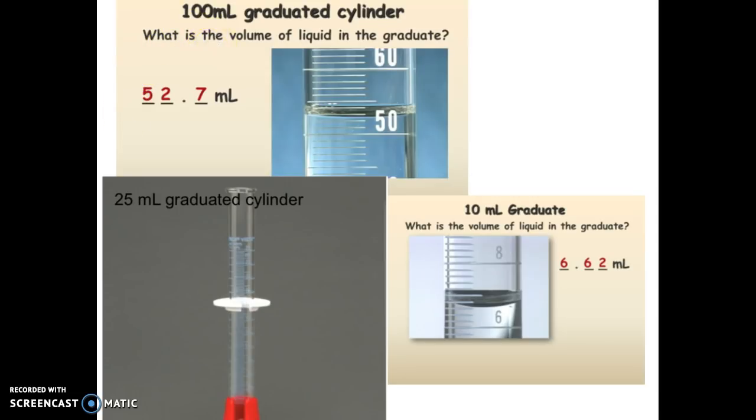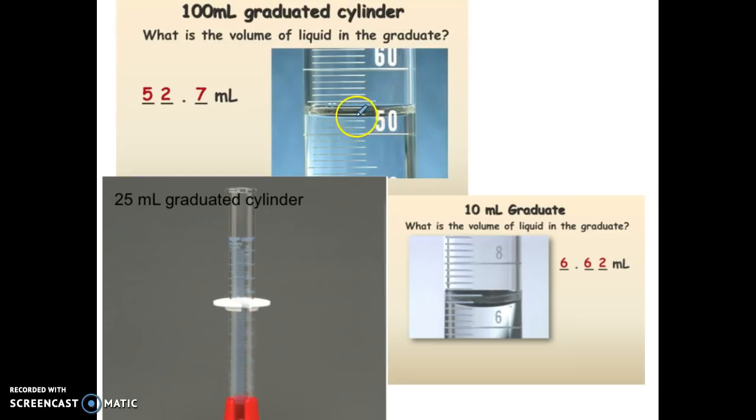The first thing we're going to look at is the 100 mL graduated cylinder. If I gave you a picture like this and asked, what is the volume? The first thing you notice is that the graduations are going up by ones. This is 50, and clearly that's 60, and you have 10 graduations in between. So you know with confidence this is 51, and that is 52. You want to read the bottom of the meniscus, and it's a little harder in a picture than in the laboratory.